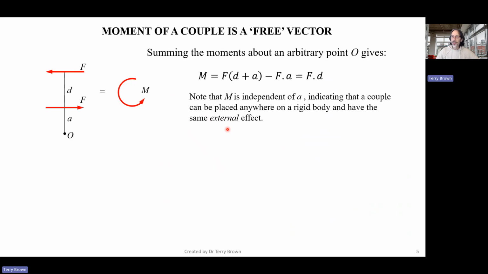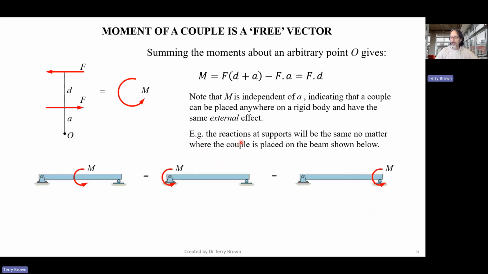Okay, so it's important that we remember that it's the external effect, not the internal effects, and we'll talk about that in a little bit more detail shortly. So for example, what do we mean by external effects? We haven't done equilibrium in this subject yet, but you should have done it previously in Introduction to Mechanical Engineering and possibly physics.